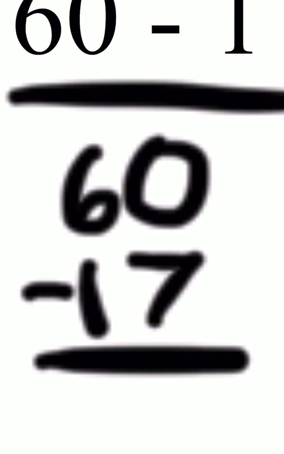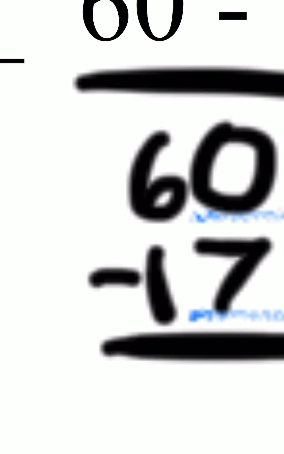However, since 7 is greater than 0, we need to borrow from 6, which becomes 5, and then 0 becomes 10. So 10 minus 7 is 3, and 5 minus 1 is 4. So we have 43 on this side.